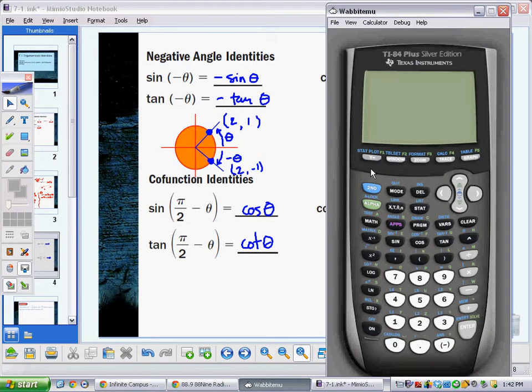For instance, let me turn off this second graph. If I look at the tangent, the graph of the tangent of pi over 2 minus theta, so that's my first one here, tangent of pi over 2 minus x, and I look at that graph, we get as follows.